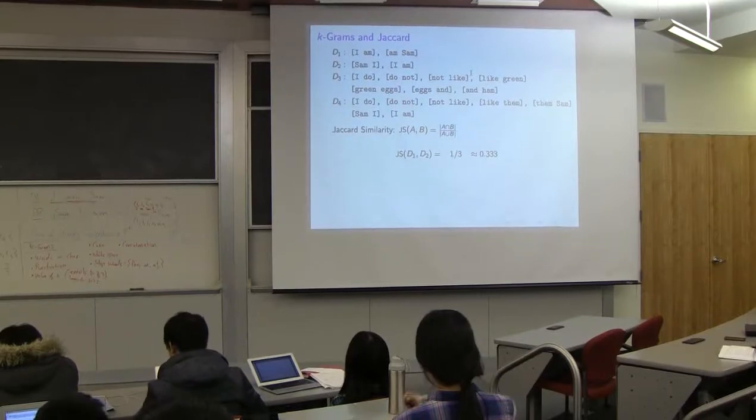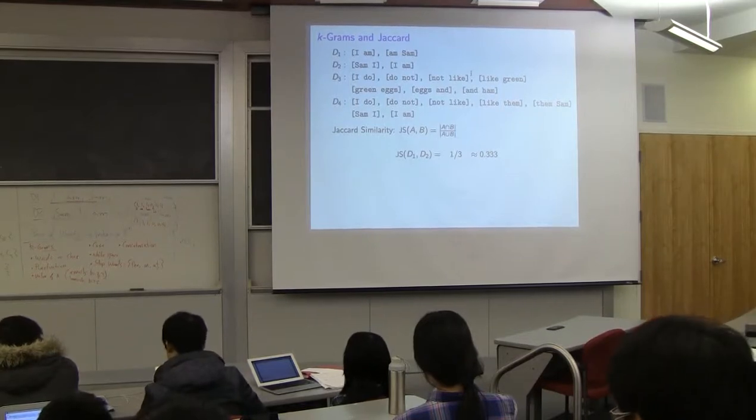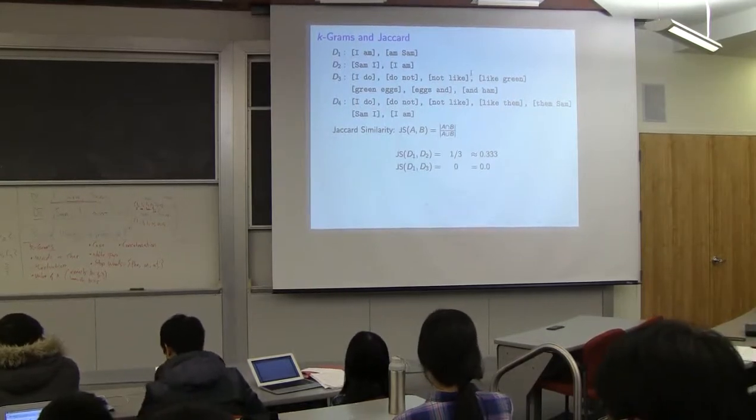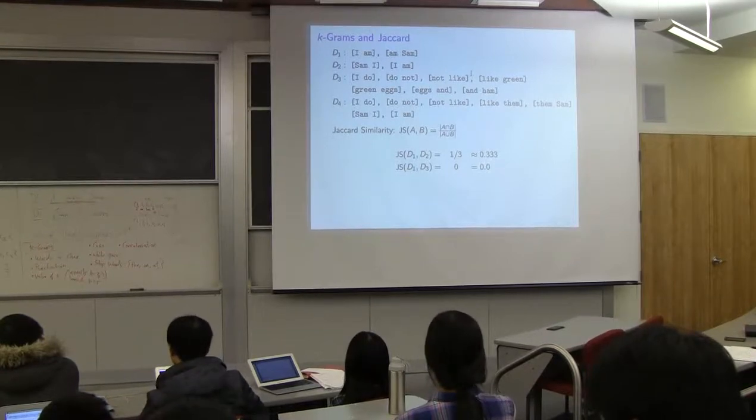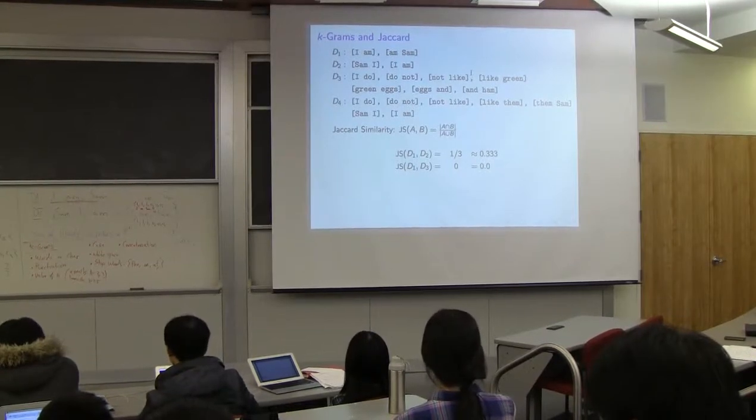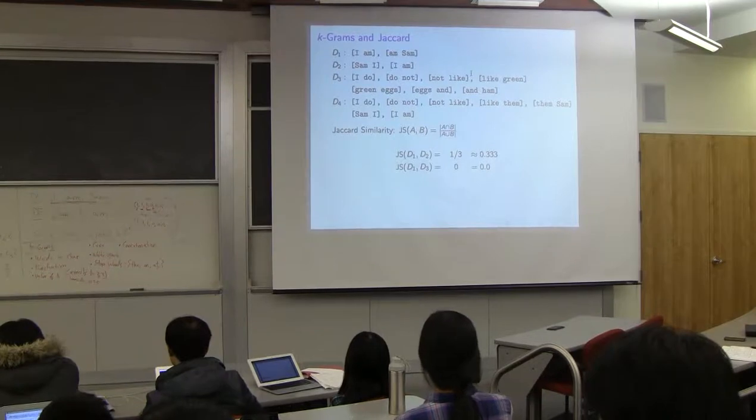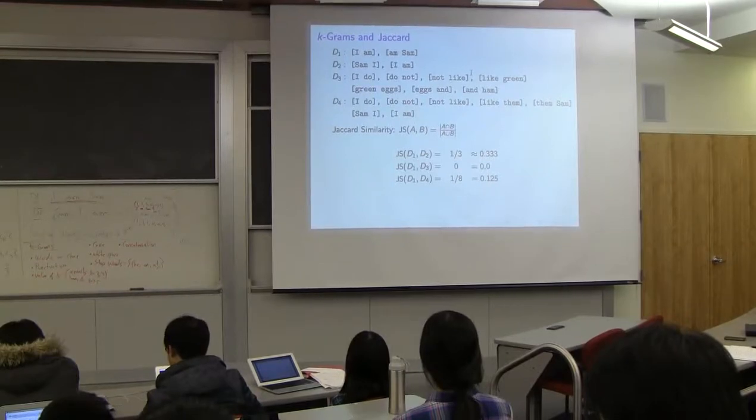Okay, so you might be thinking 1/3 is pretty small. It's actually a fairly large value here. It's hard to get very close to 1. The Jaccard similarity between documents 1 and 3 now is actually going to be 0. There's absolutely nothing that overlaps here. And with 1 and 4, the overlap is 1/8. The only thing similar is going to be the "I'm".